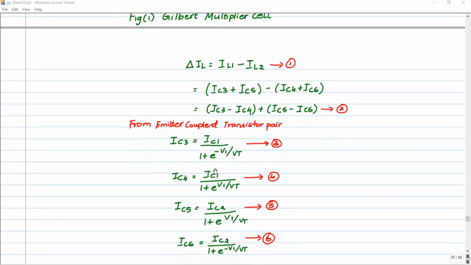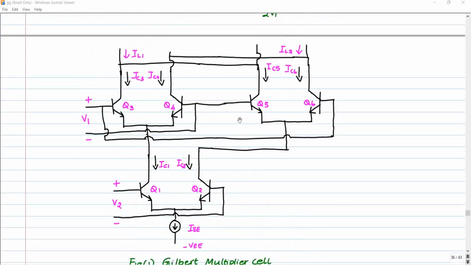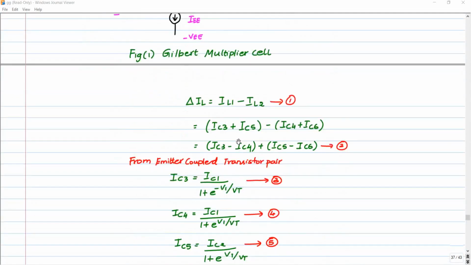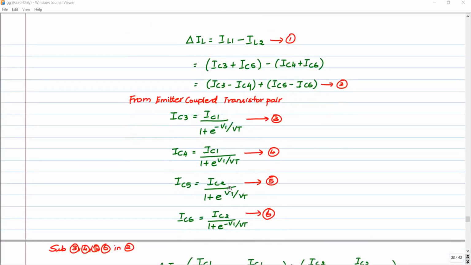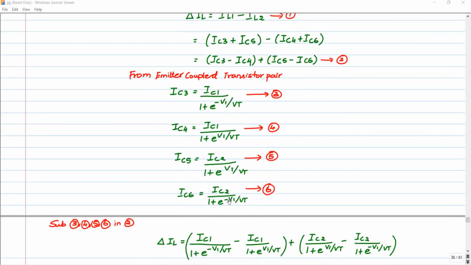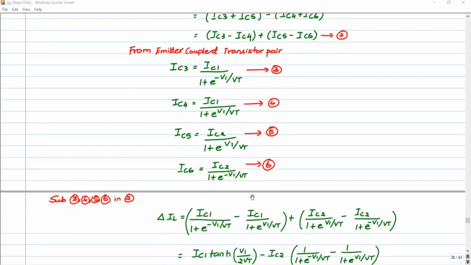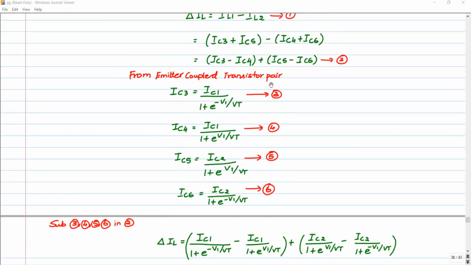Similarly, IC5 is equal to IC2 divided by 1 plus e power V1 divided by Vt, because it is connected to the negative terminal, so this becomes V1. Since it is connected to the positive terminal, this becomes minus V1 divided by Vt. So I am going to substitute these 4 equations in equation 2.